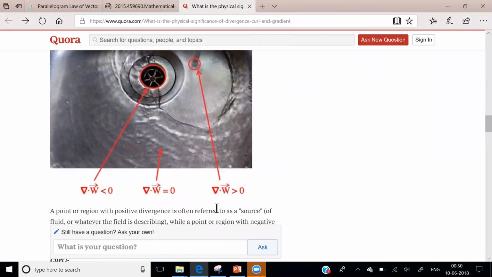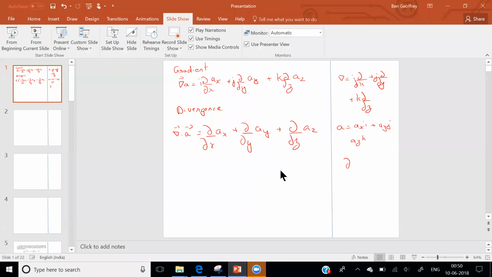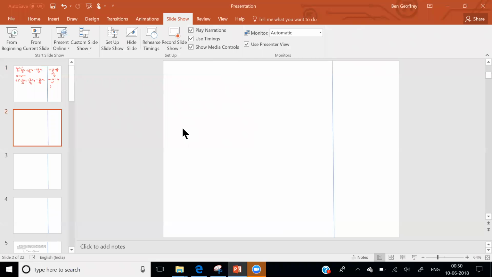If from a point there is a flow outward, then the divergence is positive.